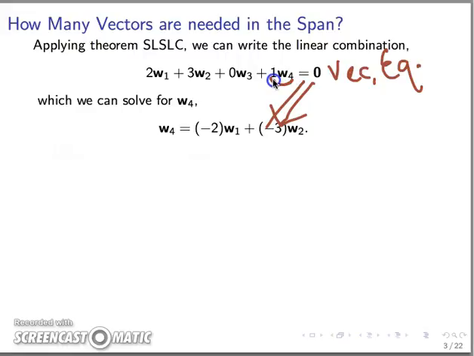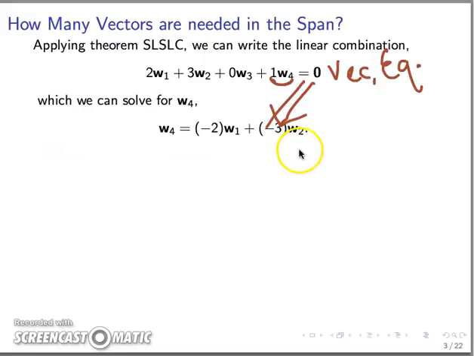This is very consistent with the type of calculations we were doing for linear systems, except that now we are operating with vector equations. Solving for the vector W4 with coefficient 1 in terms of the vectors W1, W2, we can write 1W4 equals this expression.